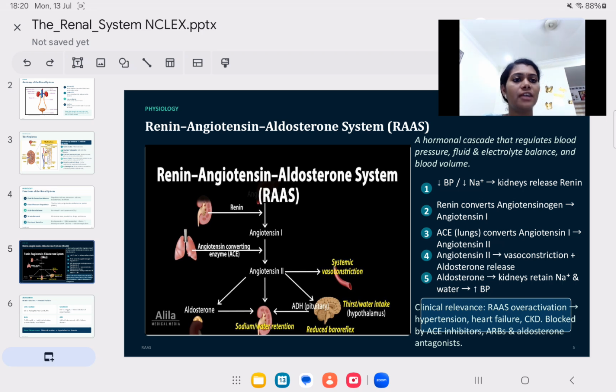So all of this helps increase our BP and sodium level. This is the normal RAS mechanism happening in everyone's body. If we are not taking food or adequate sodium, this mechanism will take place. It is the normal function.